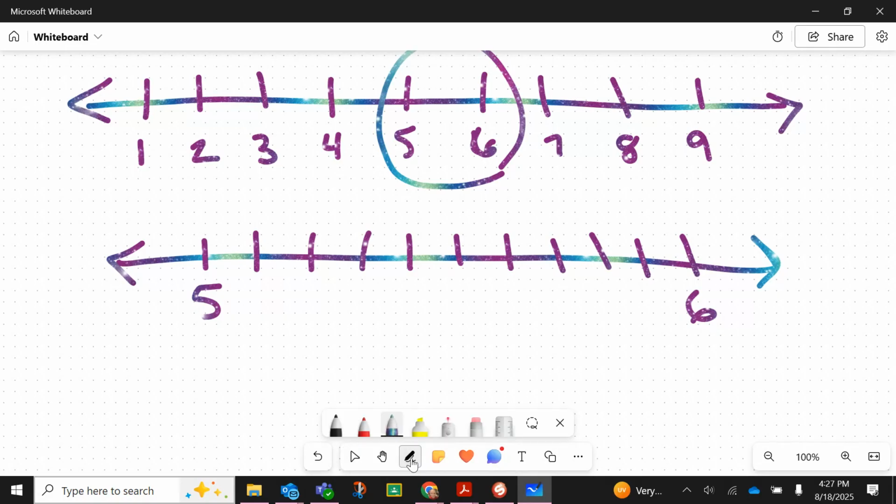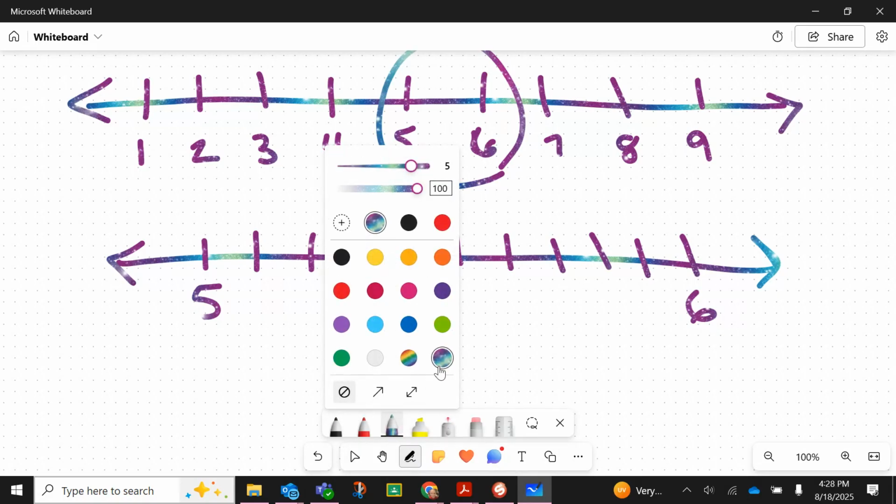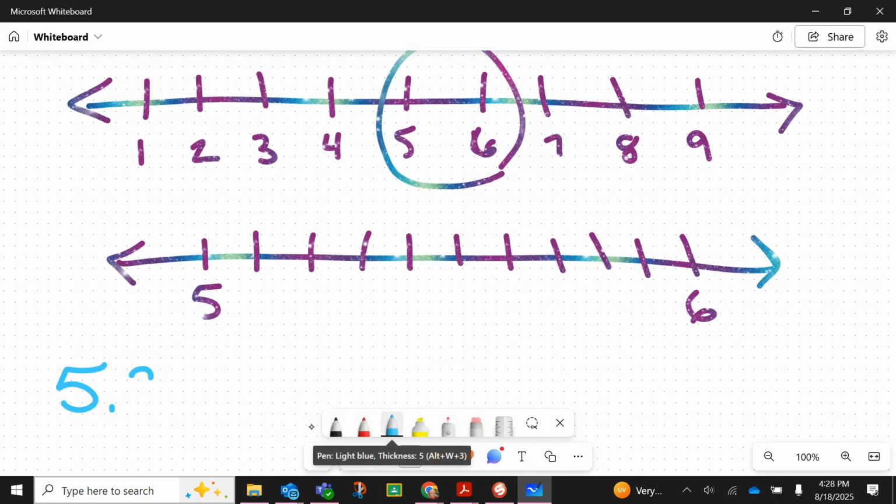Okay, so let's say that I had the number 5.3, and I want to, so 5.3 would be 1, 2, 3 right here.